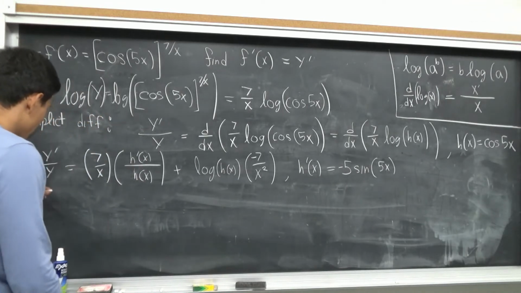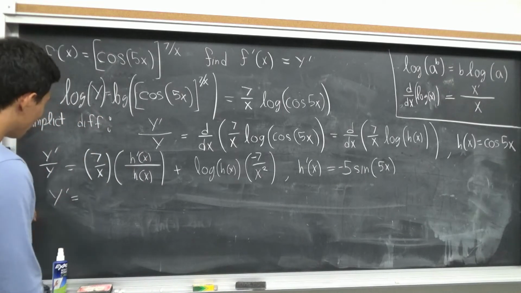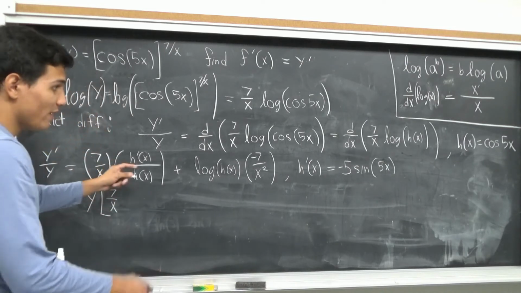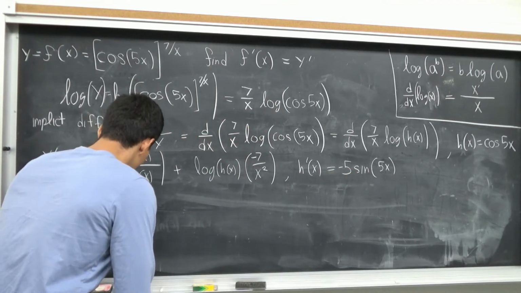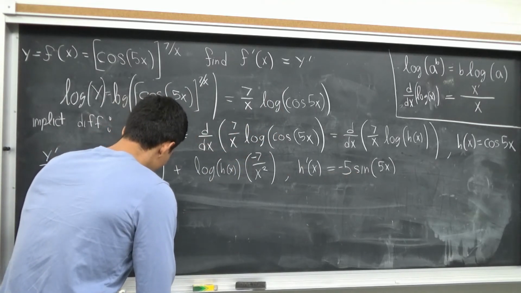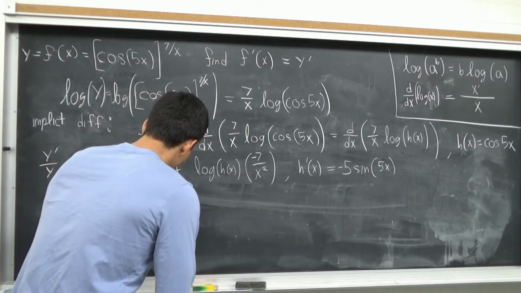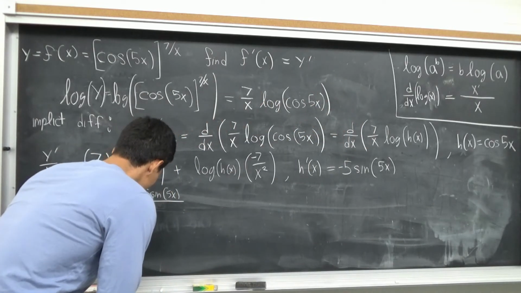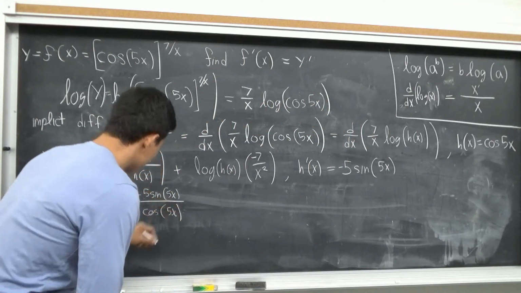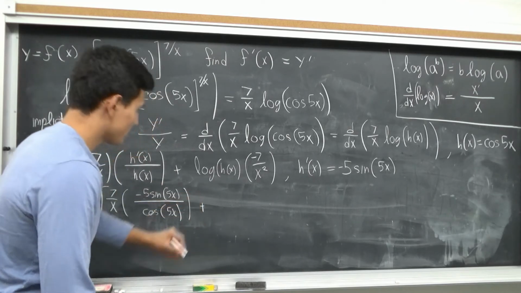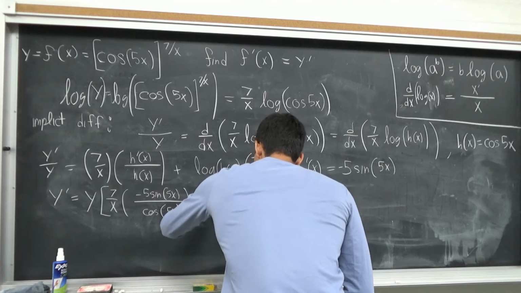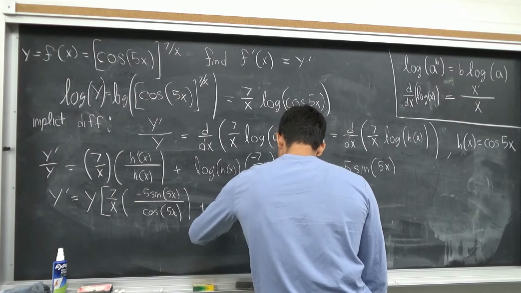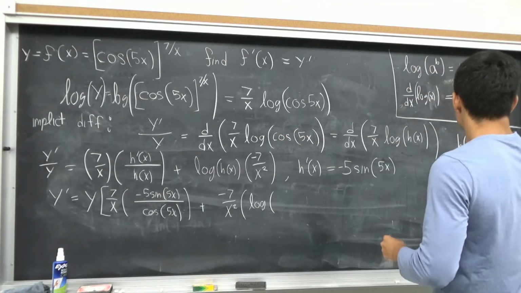Let me write that y prime is equal to, now I'm going to put the y on the other side, y, and then we get 7 over x. h prime of x is this guy, negative 5 sine 5x, and h of x is cosine 5x, plus negative 7 over x squared, and then log h of x, which is the same thing as log cosine 5x.